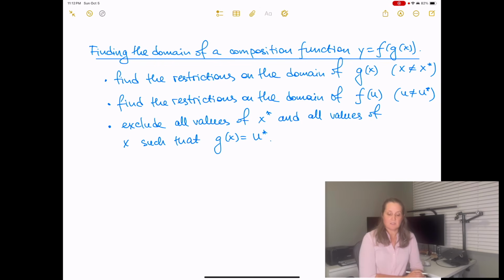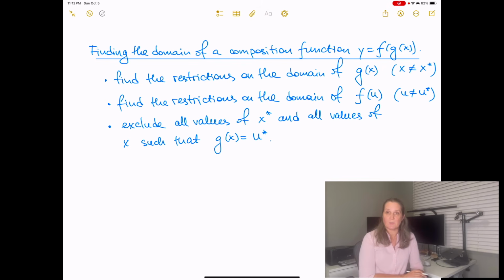Then we find the restrictions on the domain of the outer function, f of u, and find out which inputs u are not allowed in the domain of the function f. And as a last step, we exclude not only all the values of x that are not allowed in the domain of g of x, but also all of the values of x for which g of x produces values of u not allowed in the domain of the function f.